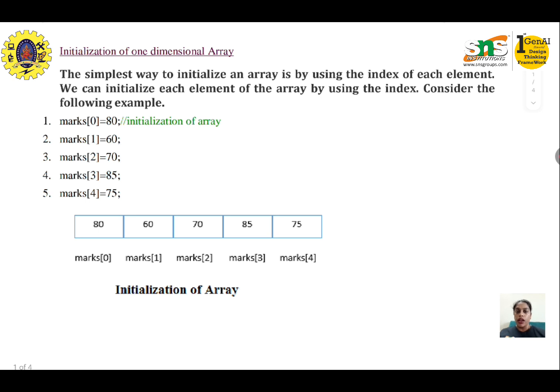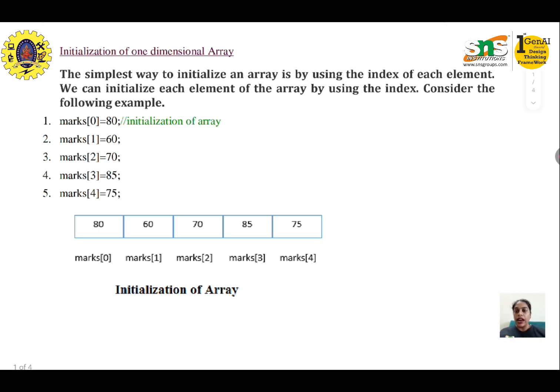If we assign the array size as n equal to 8, then the last index we can use is n minus 1, which is 7, because the index always starts from 0. This is the concept which is used inside the array.